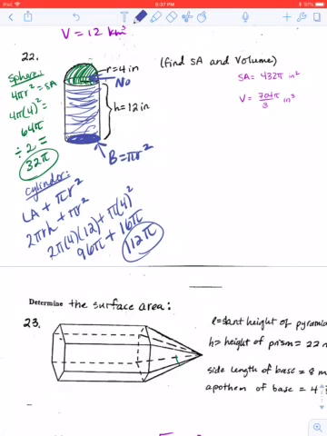Uh-oh. So now I'm getting something different. Okay, hold on. That is 2 pi 12, 16 is going to be 144 pi. Huh.